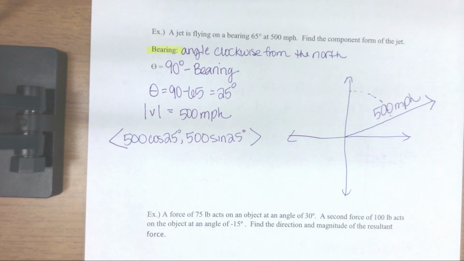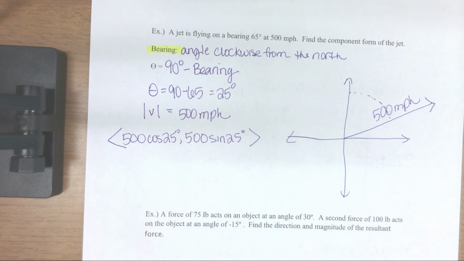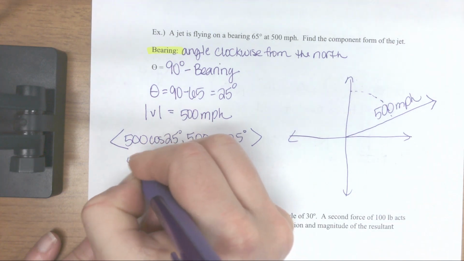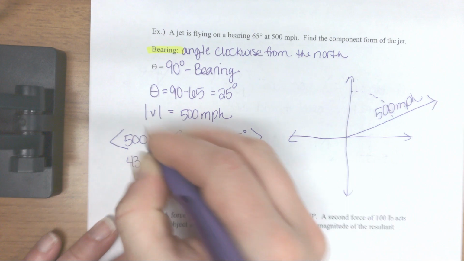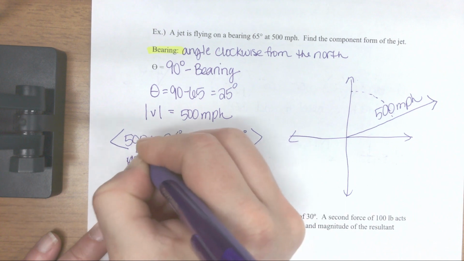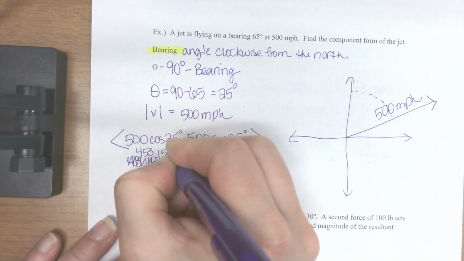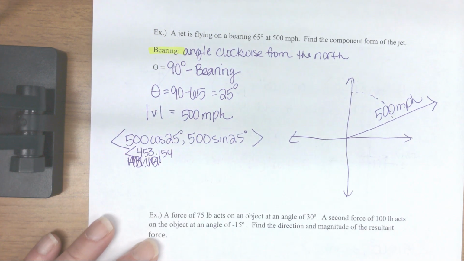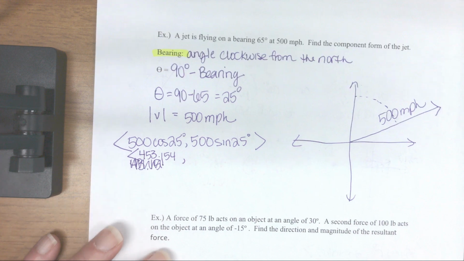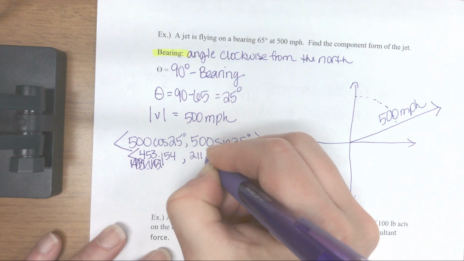All right, 500 cosine 25. Would you guys do that for me? Let's round to 3 decimals. And then what's 500 sine 25? 0.309?